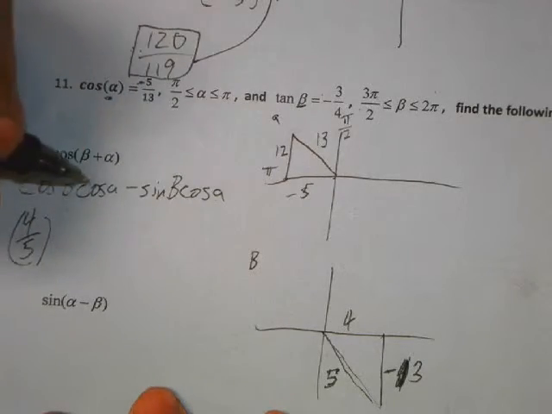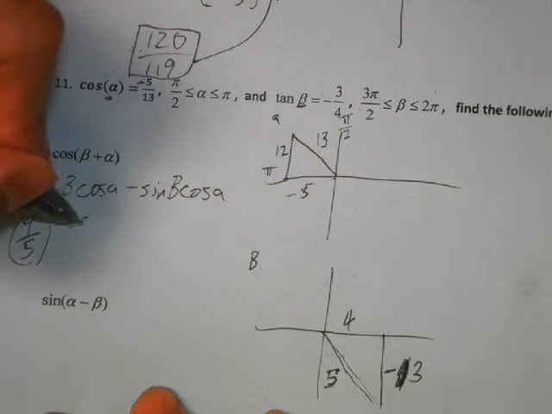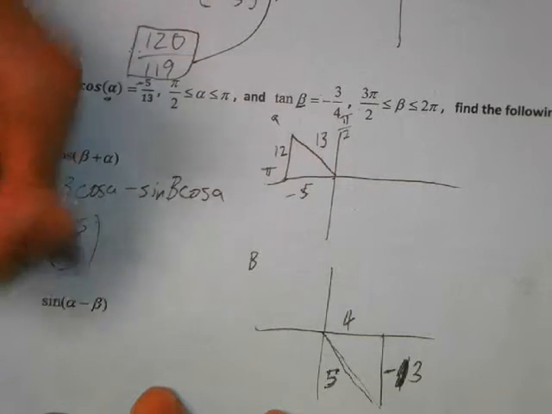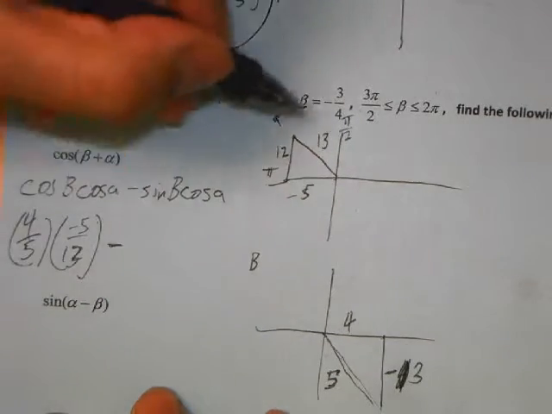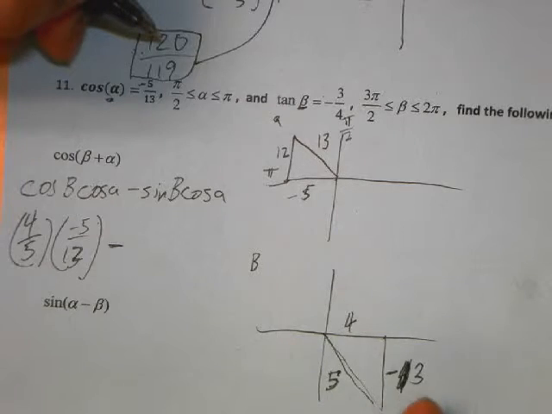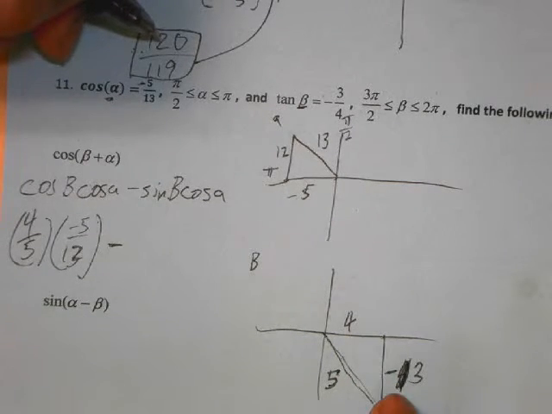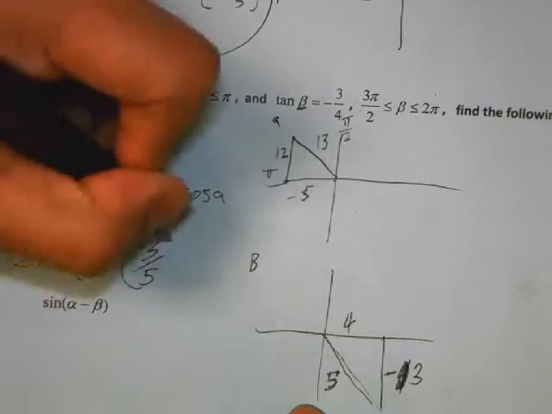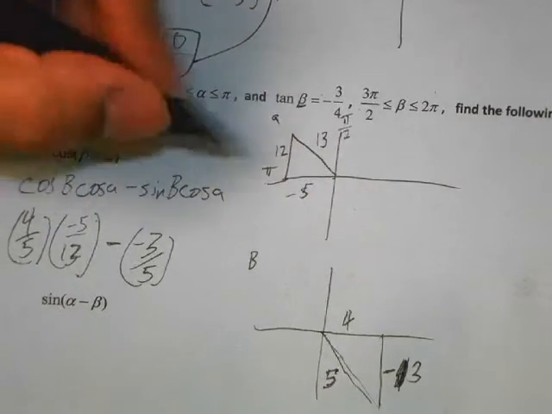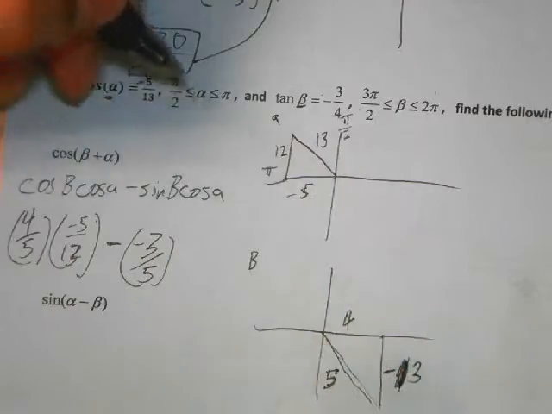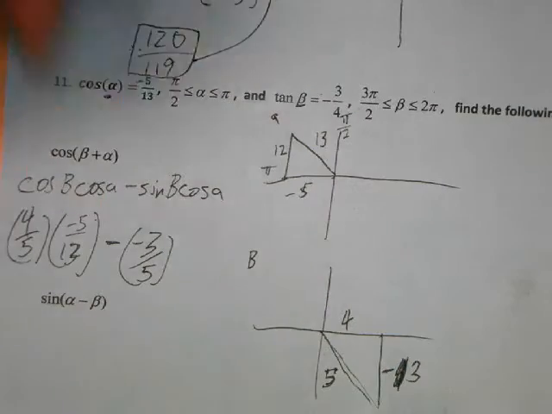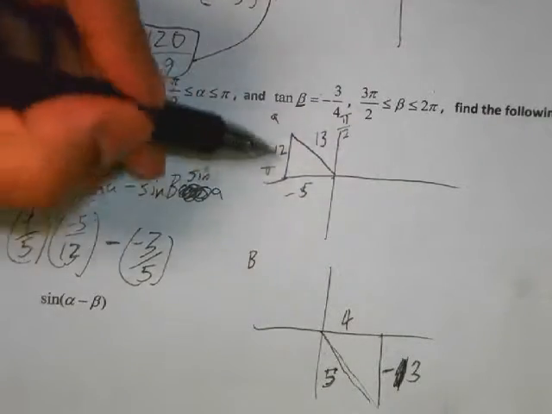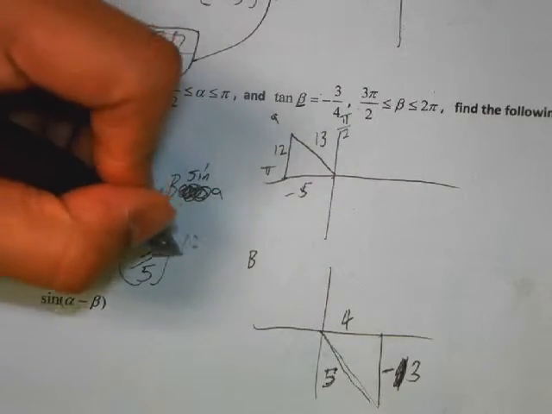Then we've got cosine A, negative 5 over 12, or sorry, over 13, minus sine B is going to be negative 3 over 5, and cosine A, this time we've got negative 5 over, oops, sorry, that should have been sine A. So this will be 12 over 13.